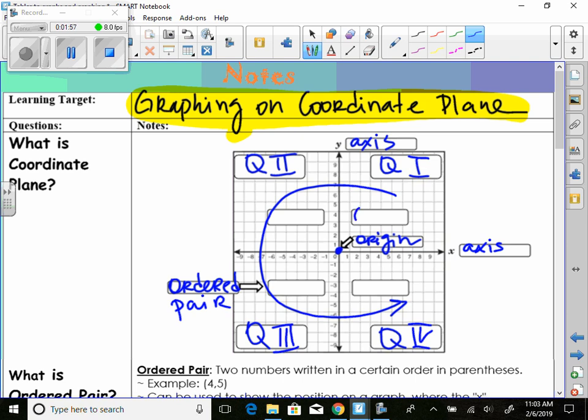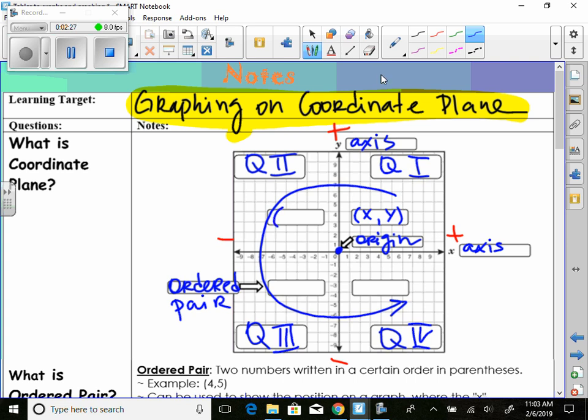In the first quadrant, our x is positive and y is positive because positive numbers go to the right from 0 on the x-axis and negative numbers are on the left from the origin on the x-axis. And on the y-axis, your numbers are positive going up, and they're negative going down. So in the first quadrant, both of your values, x and y, will be positive.